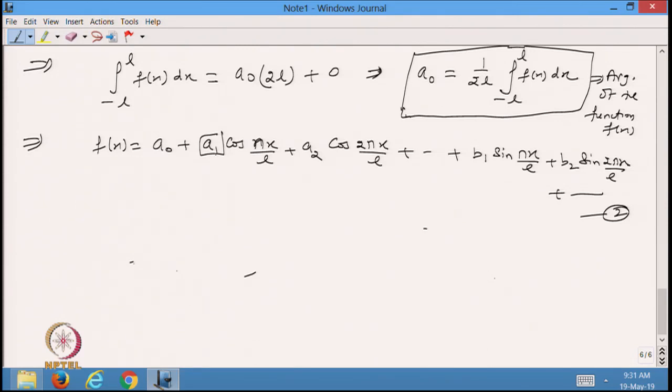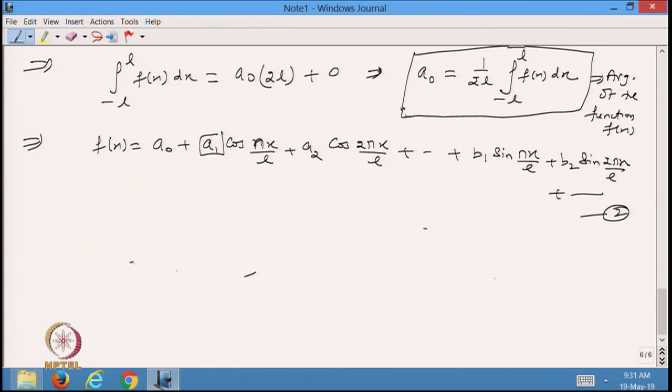Suppose I want to find the value of A1. So, what I do is multiply this with the cos, so this is cos(pi x by L). Or rather, I multiply this by cos(2 pi x by L).